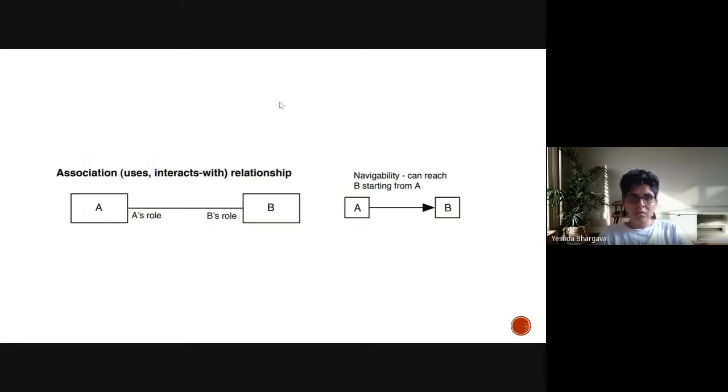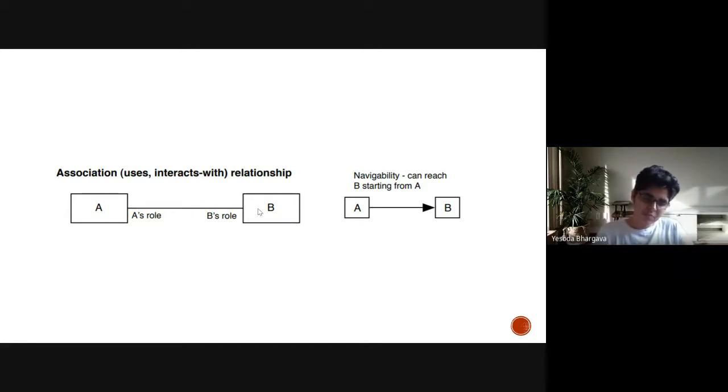All right. So moving forward, you have already understood the association relationship between two classes. Association generally shows uses or interacts with. So if A is associated with B, then it would mean that A is either using B or interacting with B. Now there are multiple ways to show diagrammatic representations of a class diagram.